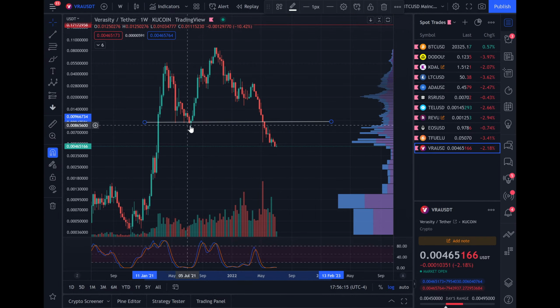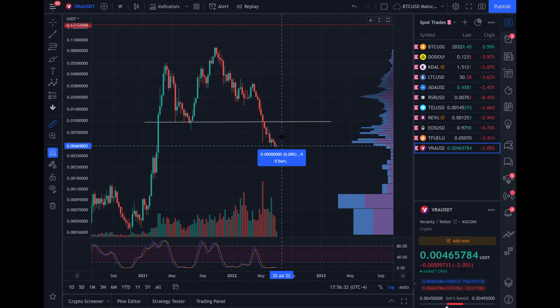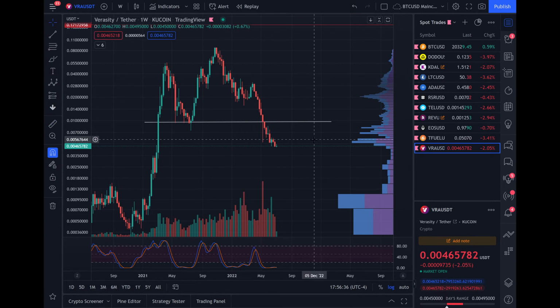Strong support on the weekly right here, and it represents the top of the range of your reversal pattern. Remember, you had a reversal, you came down here and popped back up, and that was the top of your range. Expect this pump to come to the top of that range, which would represent about a 106% move. Okay, so that's what I'm seeing.